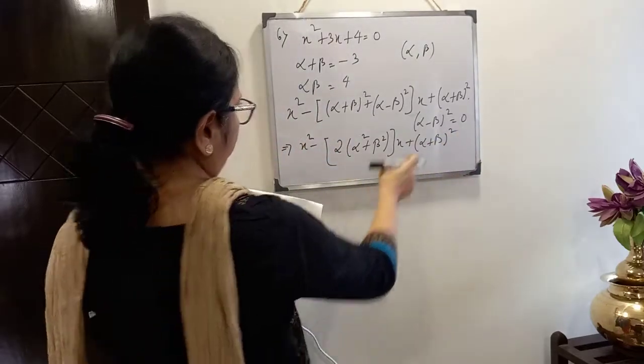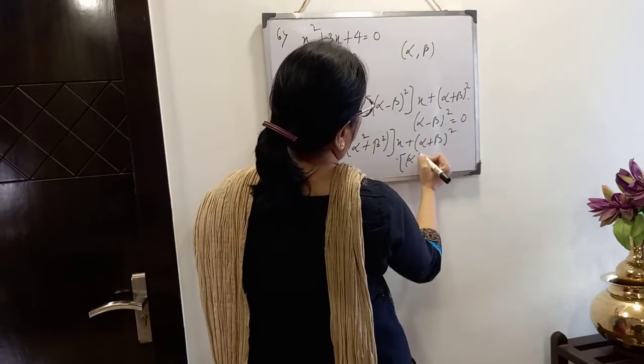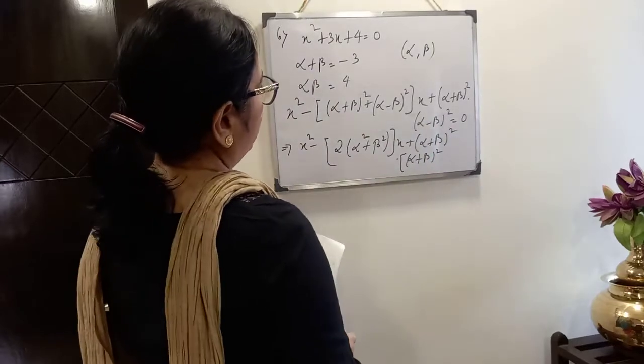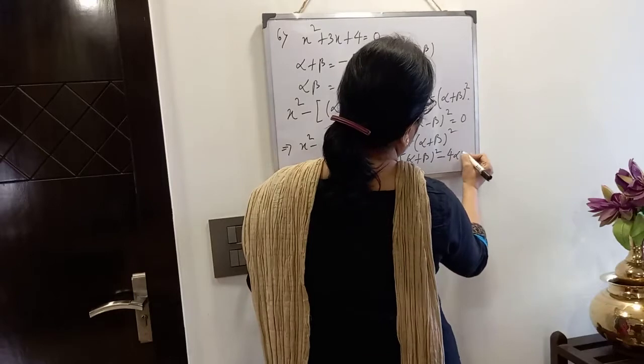And alpha minus beta value we don't know, so you have to convert it to alpha plus beta whole square. A minus b whole square equals a plus b whole square minus 4ab. We have applied that formula.